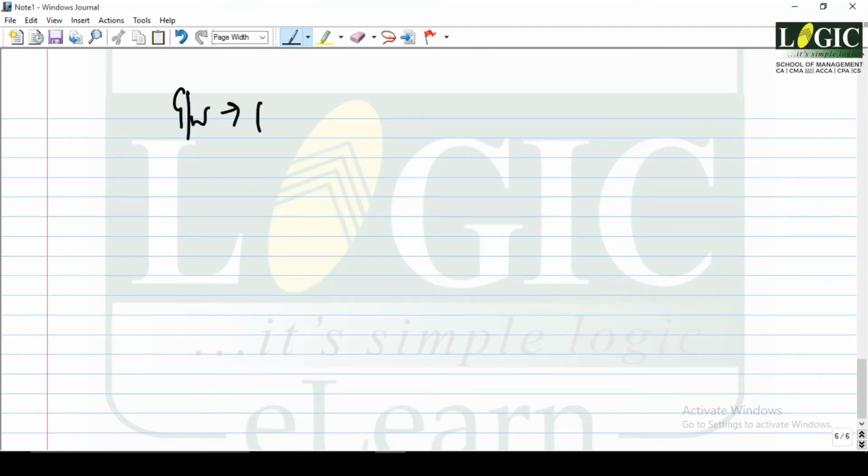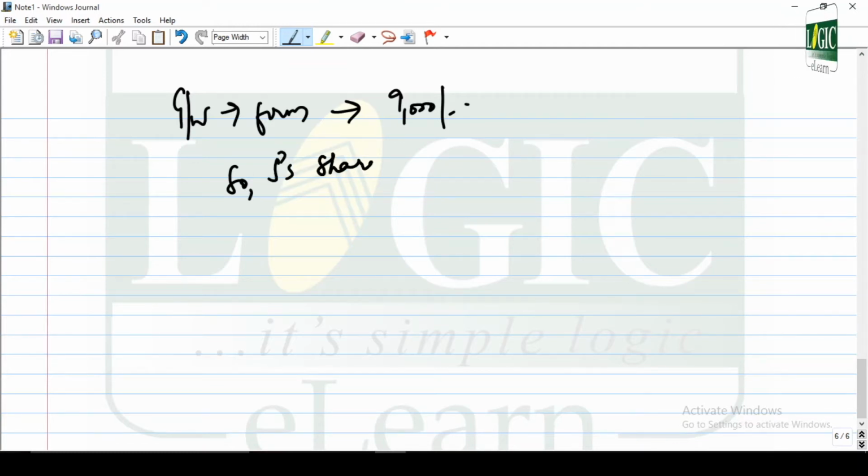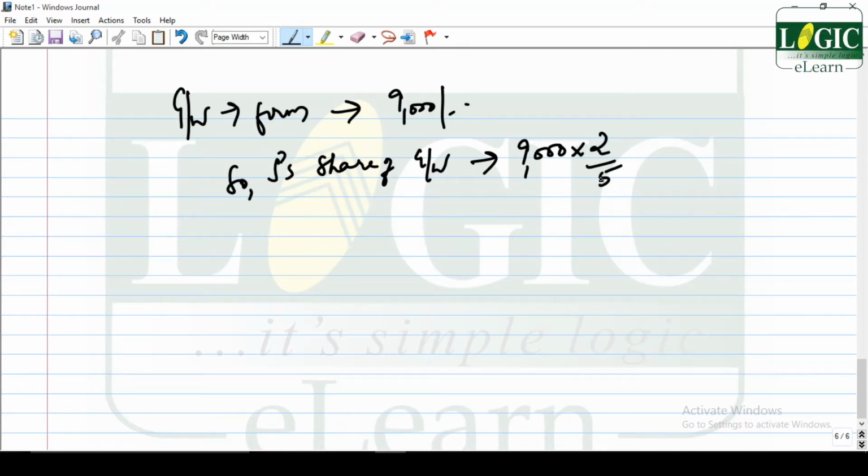Goodwill of the firm, how much? Goodwill of the firm is 9,000 rupees. Okay. So who is retiring? S's share of goodwill. How much? 9,000 into 2 by 5, right? So how much is 3,600?